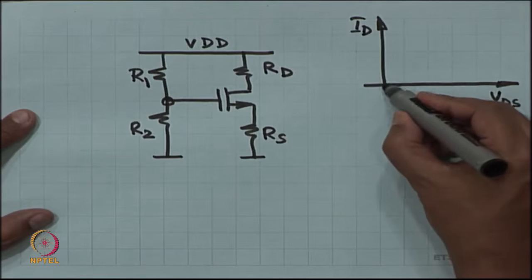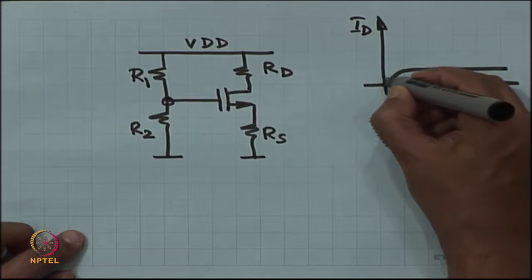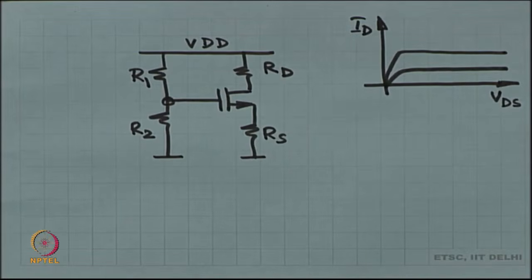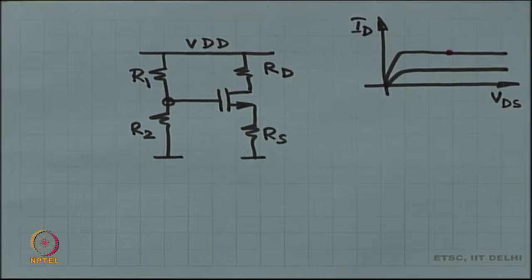So, I have managed to place the device in the flat region of operation, somewhere over here maybe, because VDS is more than VGS minus VT. So, this is one job that we have done in the last class.